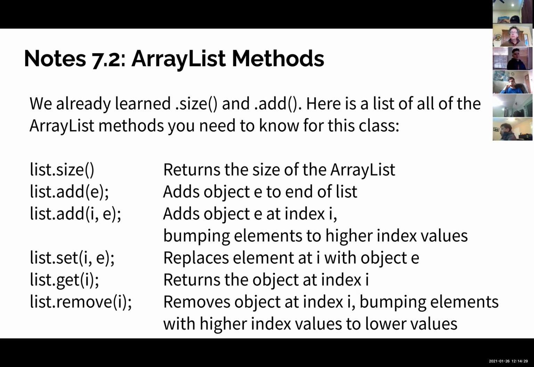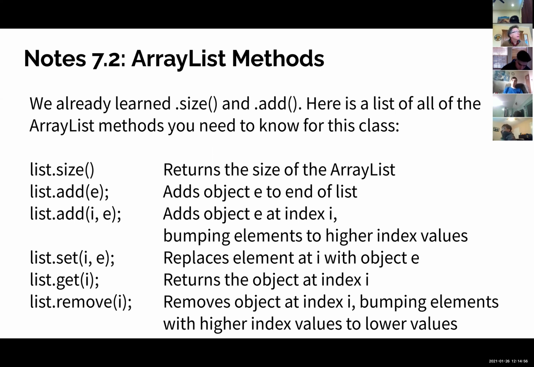So if you had 100 things in the list already and you wanted to put something at spot 5, you could say add 5, comma, and then the thing, and it would insert that thing at 5 and bump everything else up. Everything above it would get one higher number. Then there's the set command, which replaces a specific object with a new object.